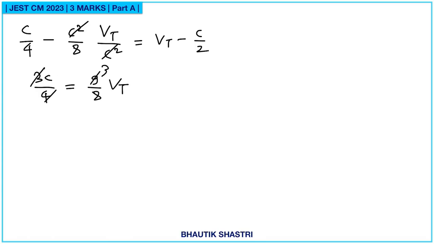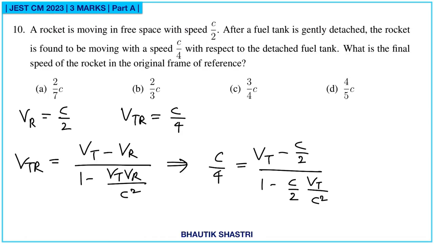So this is 3/2. So Vt is equal to 2/3 times c. That means the answer is option B, 2c/3.